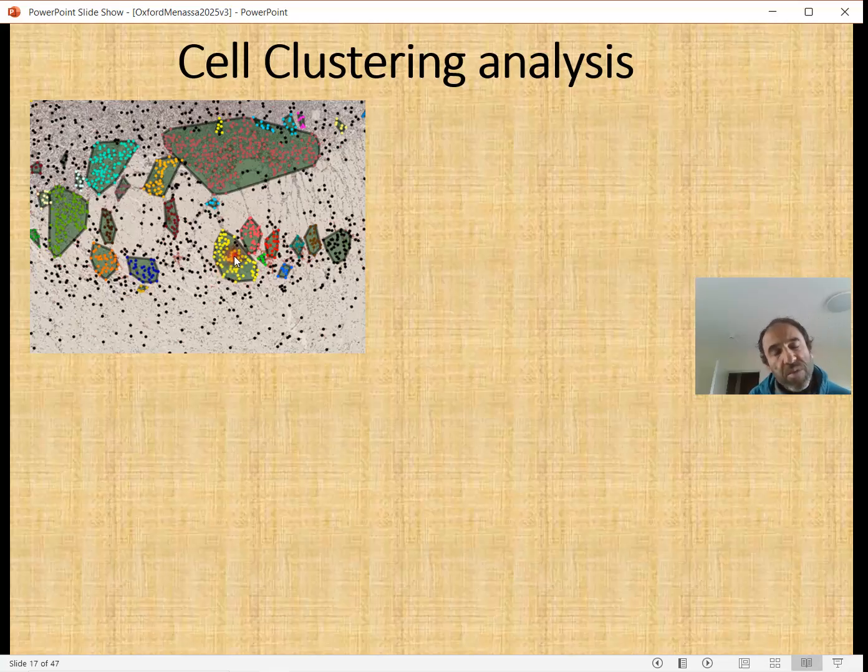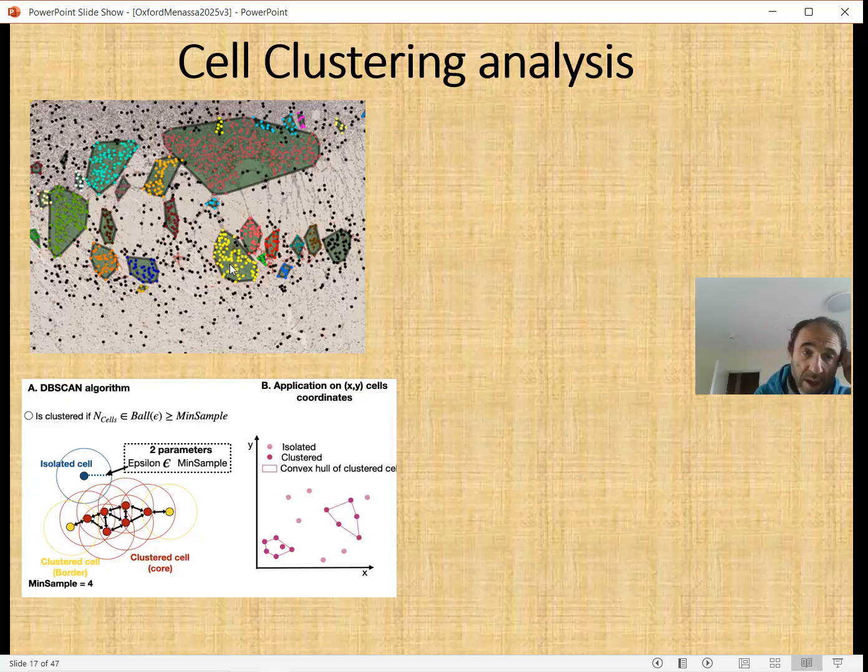And of course, the notion of cluster depends on the way you are going to look at them, and specifically through an algorithm. So you have to choose something to classify. So here we chose the DBSCAN algorithm, which classifies according to the number of cells that are around or inside the disk of a given cell.